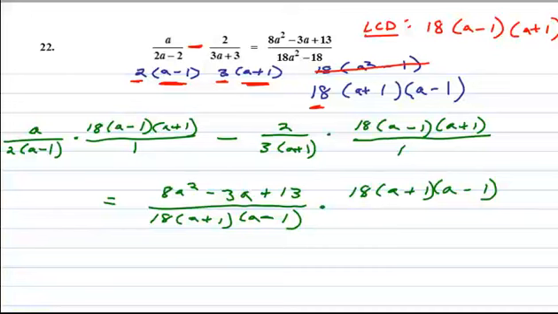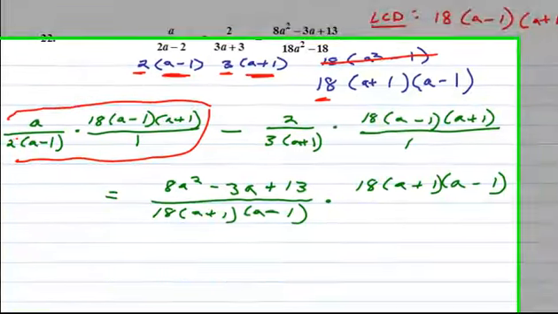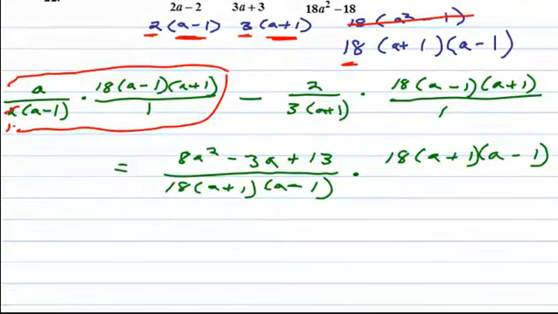Now we're ready to cancel common factors. Looking at this first term, we have 2 in this denominator, and 2 goes into 18 in this numerator 9 times. We have a minus 1 here, and a minus 1 here. So what are we left with? Well, the denominators, we're left with 1 times 1.